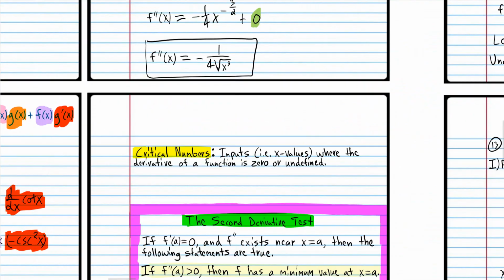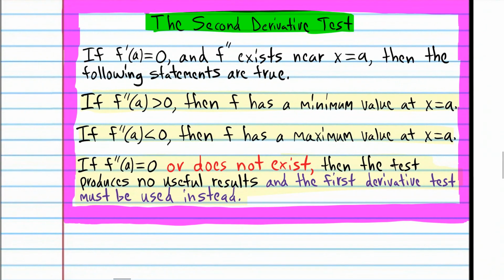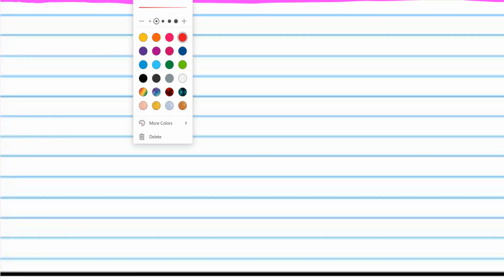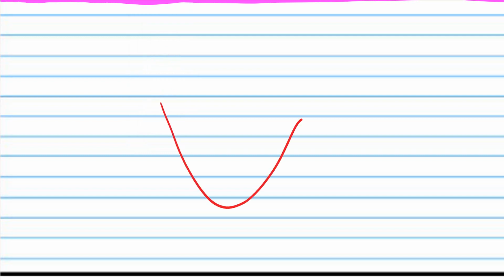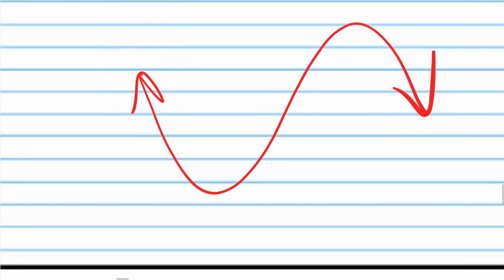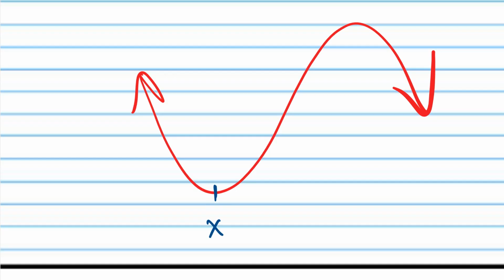Now, I want to talk a little bit about why this test works. This will help you remember the test. So let's say that you have a graph that looks like that. So if you plug in this x value, here's another x value.